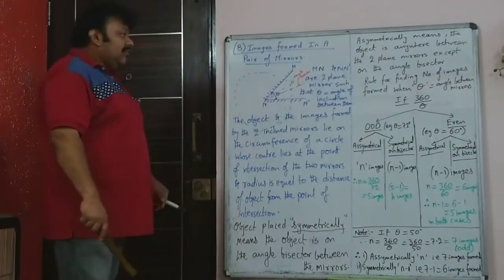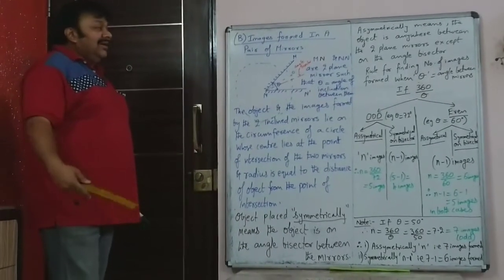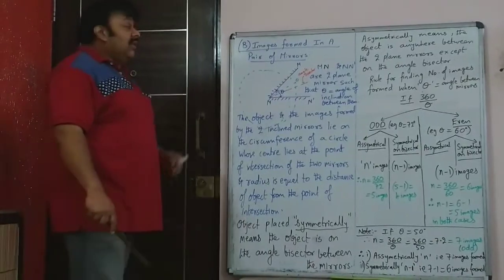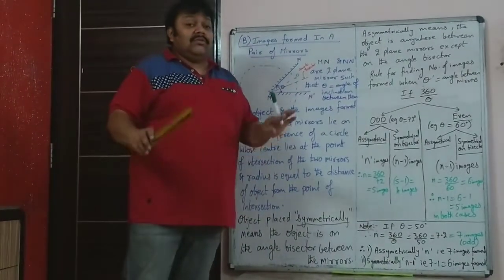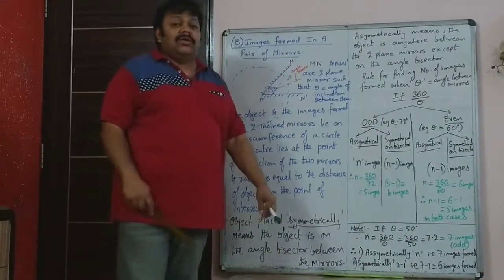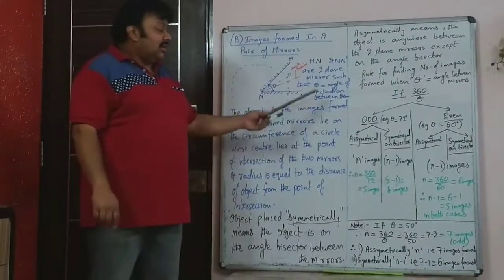Now depending on whether the object is placed asymmetrically or symmetrically, there is a rule to find how many images are formed. It is not one image that is formed when two plane mirrors are kept inclined to each other at an angle theta.